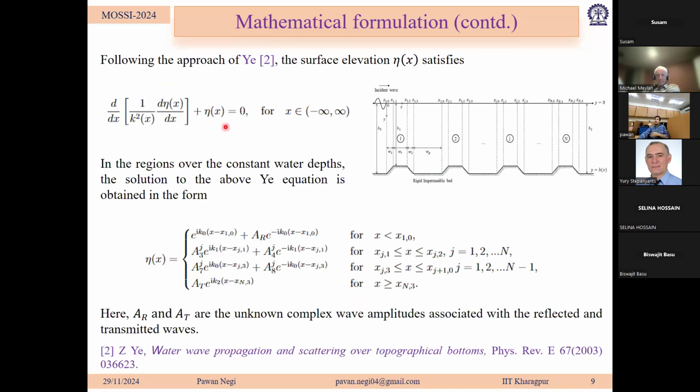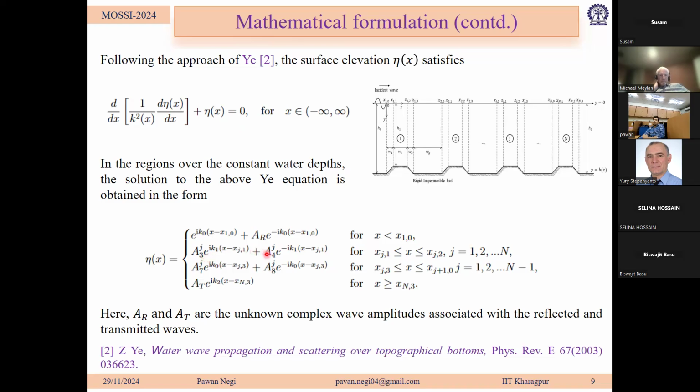Now, from the work of Xie, we have directly taken the equation which satisfies the surface elevation eta over any undulated bottom bed, and the equation reads like this. However, when we have a constant seabed, like here where H0 and H1, and then here H2, this equation will transform into the known Helmholtz equation, and for that we can write the solution this way in each subdomain.